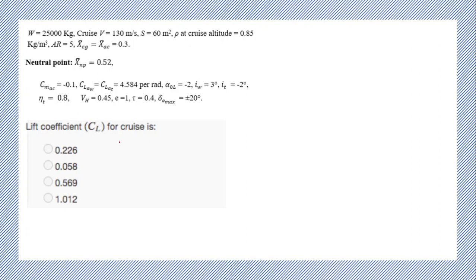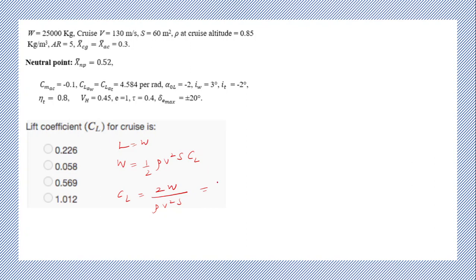So you have lift equal to weight, and then you take W equal to half rho V square S CL.